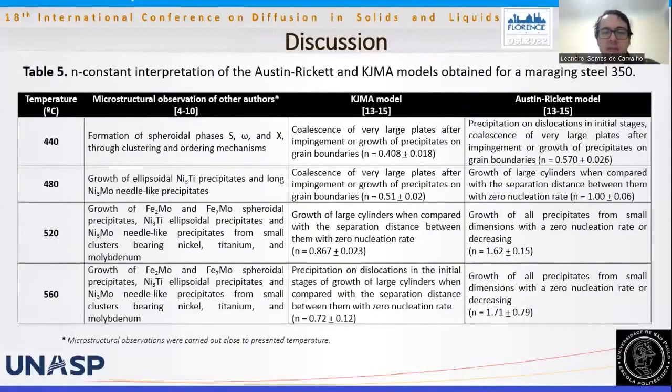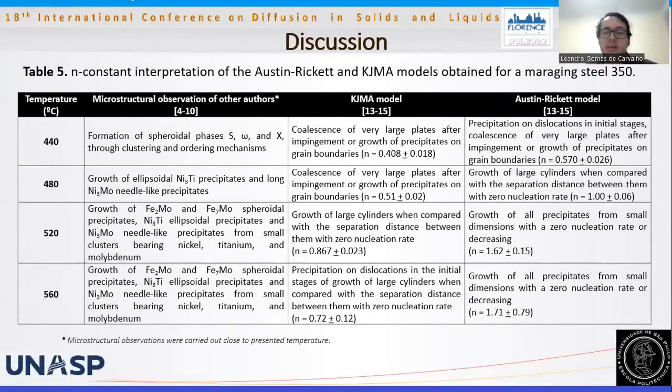Table 5 summarizes the possible interpretations of the n constants for the Austin-Rickett and KJMA models, comparing the microstructural observations carried out by other authors.